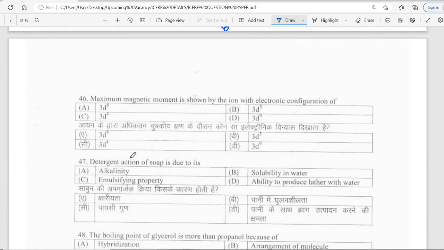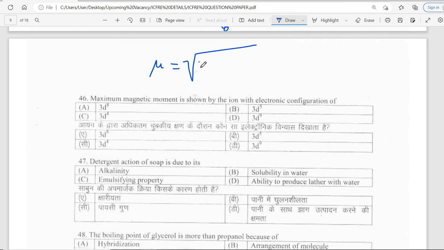The maximum magnetic moment shown by the ion, given its electronic configuration. The magnetic moment formula is mu equal to root over n into n plus 2, where n means the number of unpaired electrons. By following the equation, we easily understand that as the value of n increases, the mu value increases. So we have to find the case in which the number of unpaired electrons is highest.